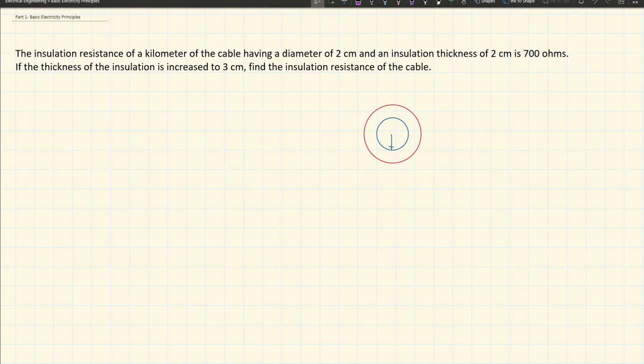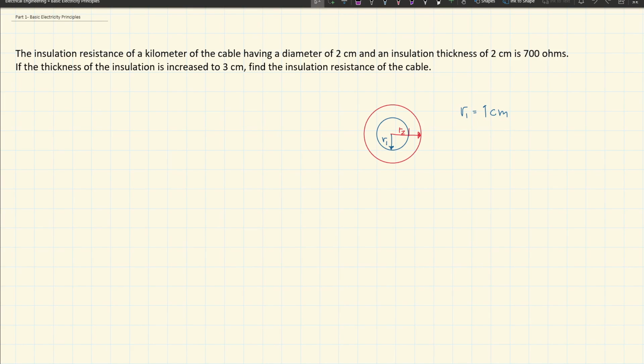This is our R1 and this is our R2. Our R1 is 1 cm and R2 is 3 cm.